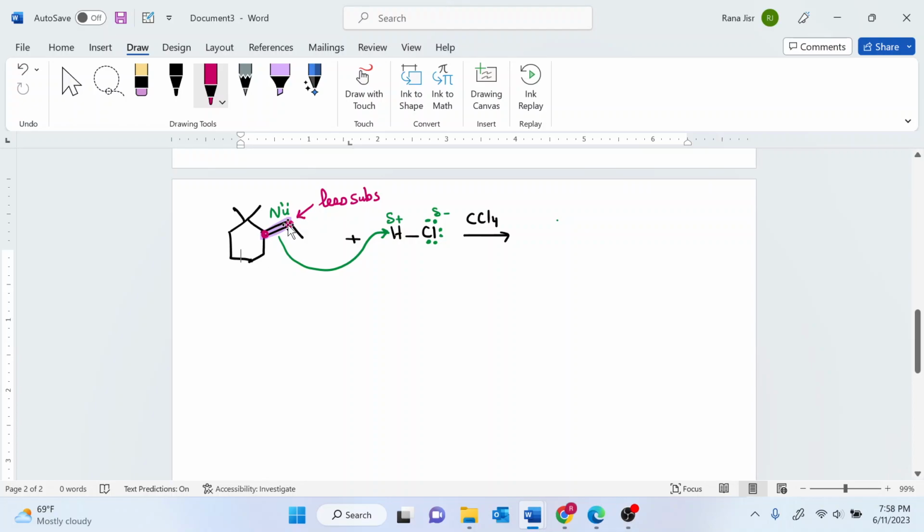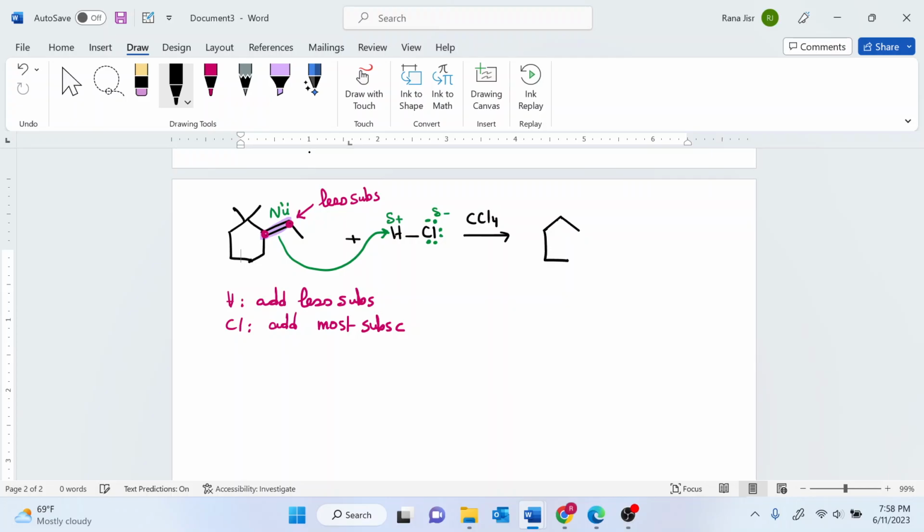So hydrogen is going to add to the less substituted carbon so that the adjacent carbon will carry the positive charge. Again, these reactions proceed by carbocation formation. So hydrogen here is going to add to the less substituted carbon, and the chlorine is going to add to the most substituted carbon. But you have to keep in mind always that you have rearrangement, always.